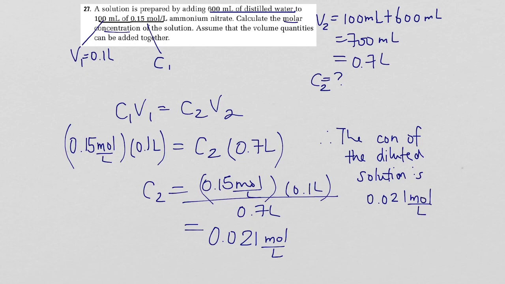I know you might have a question about significant digits because these two numbers only have one sig dig, but the textbook actually follows a slightly different rule of significant digits. When they put 600 mils, they actually mean 600 decimal. So in a textbook, they are thinking about this as having 3 significant digits. So the number here with the least significant digits is 0.15 with 2 significant digits.